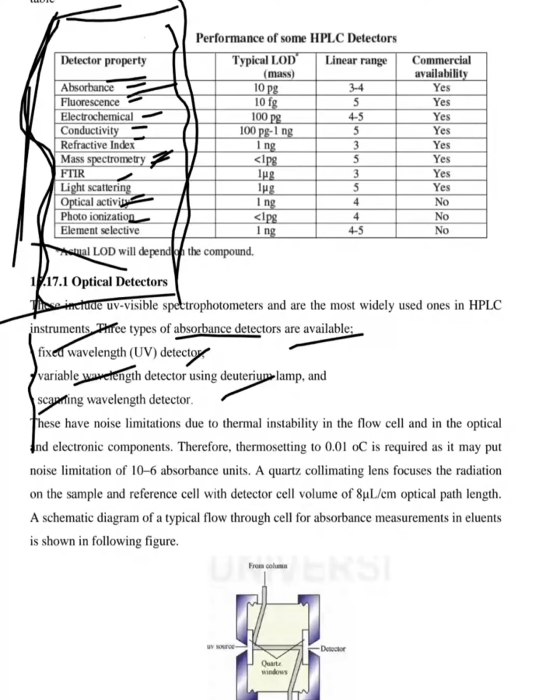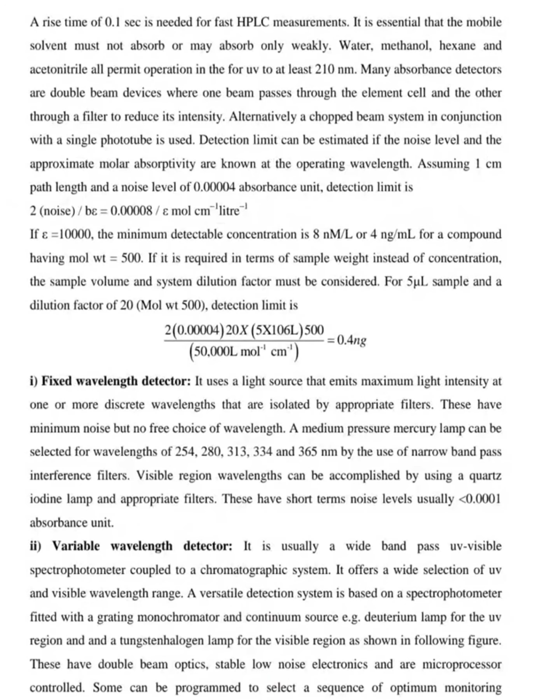A rise time of 0.1 second is needed for fast measurement in HPLC. Even 0.1 second can be detected using these optical detectors. Further, there is the fixed wavelength detector and the variable wavelength detector.